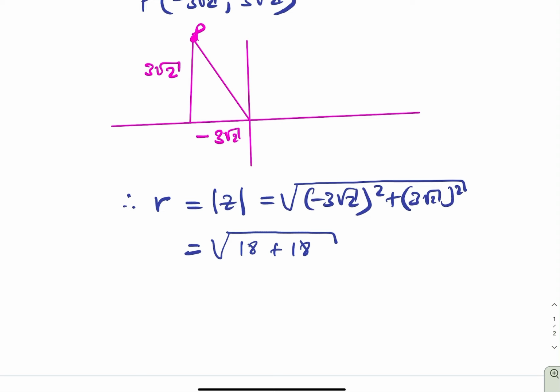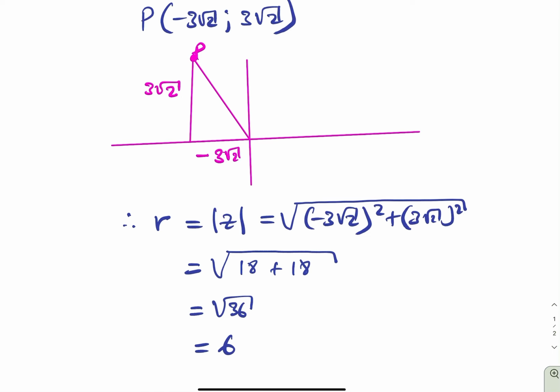I need to be very careful there. 18 plus 18 is 36, so you get the root of 36, and as a result you get a positive 6. So this is your r. You have 6 as the length of the hypotenuse, which is called the modulus of the complex number z.